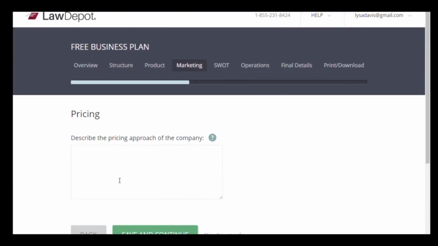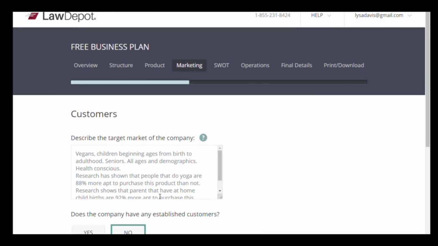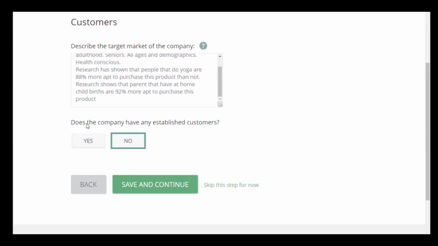If you have, let's go back. Sorry. Now this next question says, does the company have any established customers? You can say yes, and you can provide copies of the contracts with your business plan, or you can provide information that outlines who the clients are, how long they've been your established clients, how much of your business those clients are a part of, and things like that.